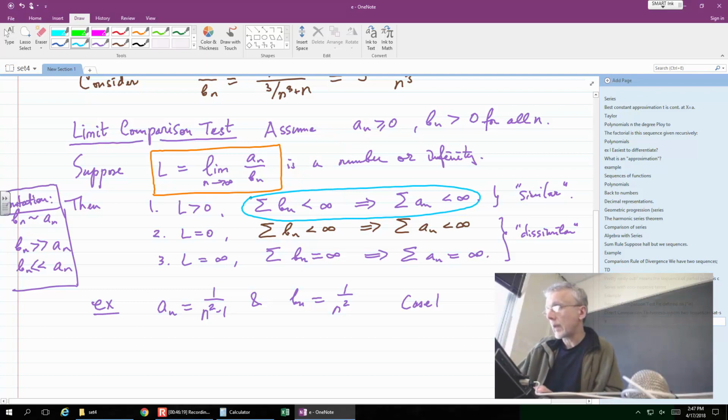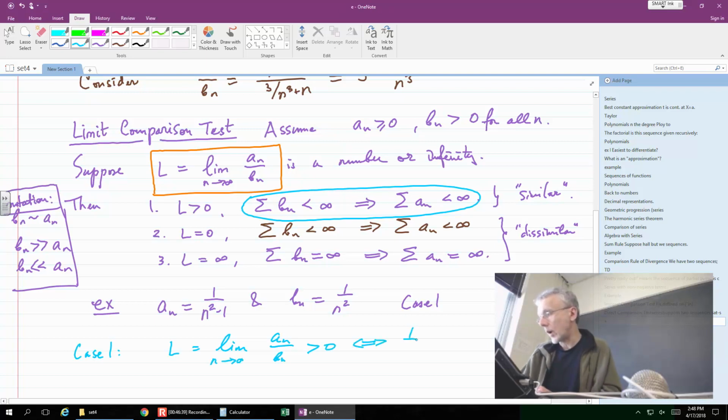Let me maybe elaborate here. So case 1, L greater than 0. The limit L is equal to the limit of An over Bn, and it is greater than 0. It's the same as to say that 1 over L is the limit of Bn over An as n goes to infinity.